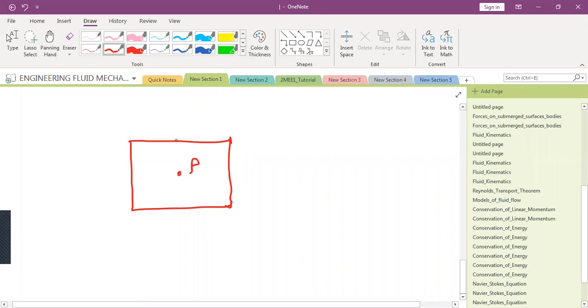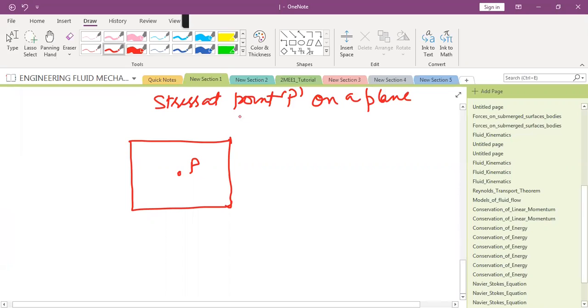If I ask you what is the stress at point P, what else do I need to define to define stress completely? On a plane which is oriented in a particular direction.